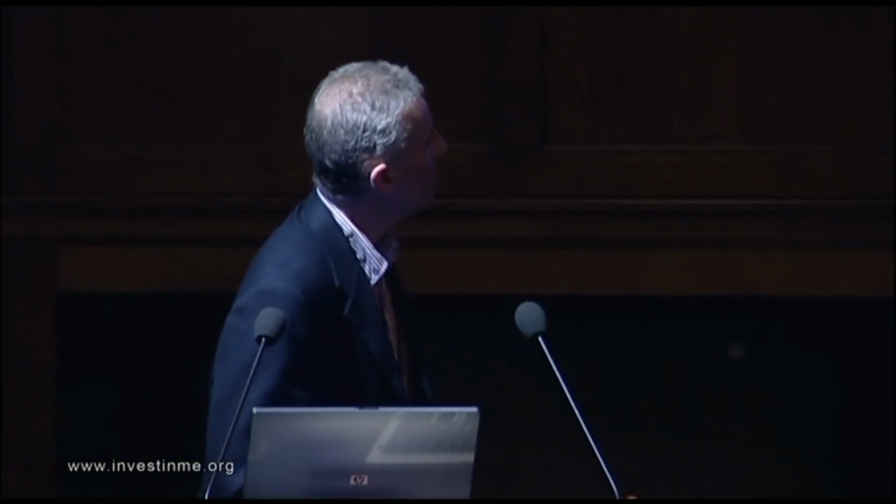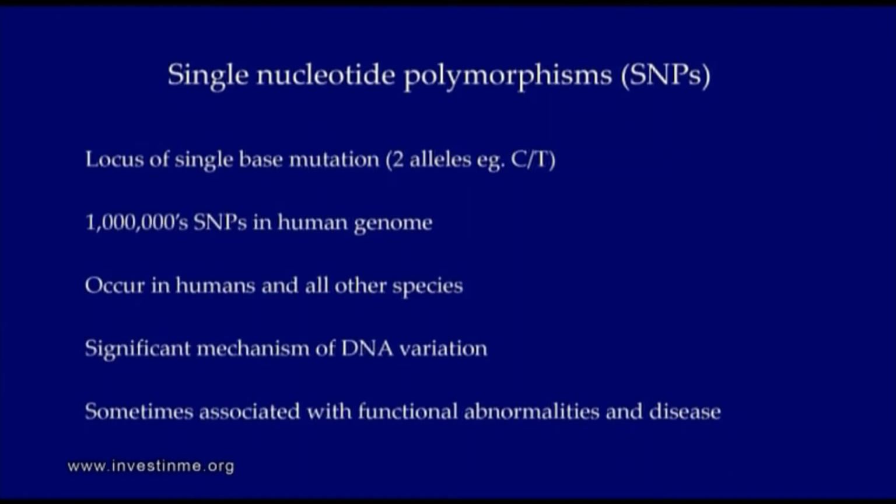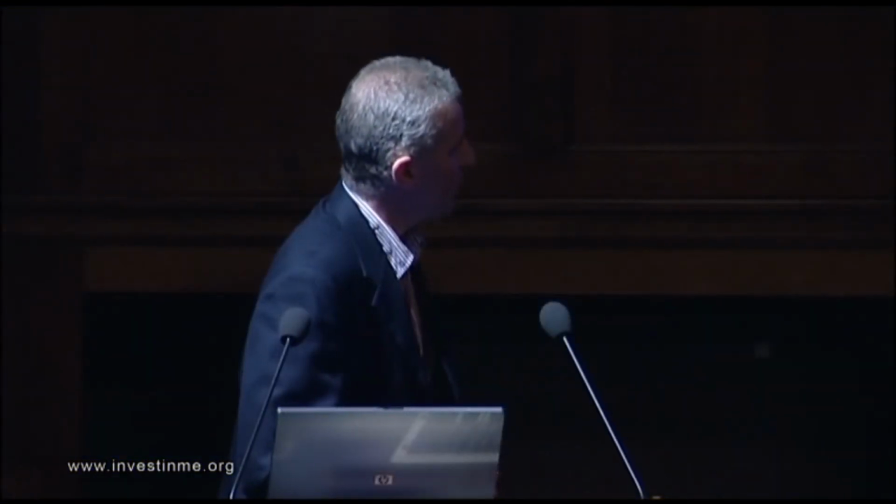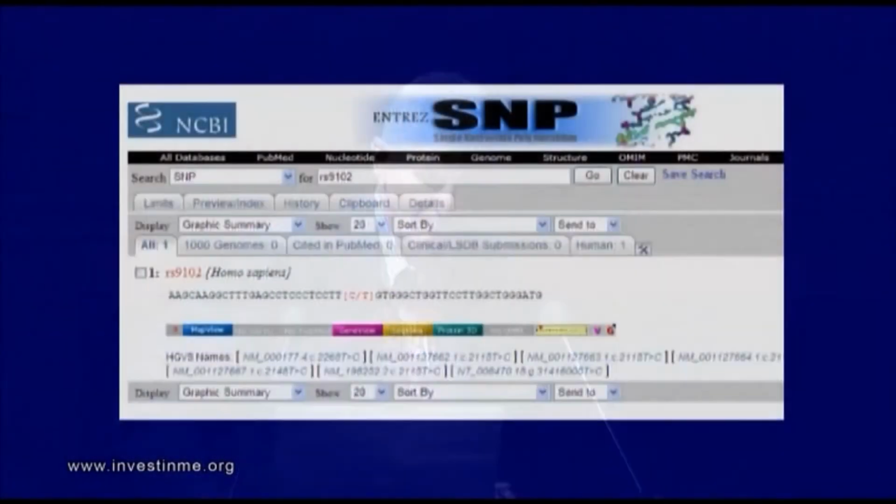And these occur in humans and all other species. And we believe this is a significant mechanism of DNA variation. And this plays roles in the inheritance patterns of different diseases, the transcription of these genes into messenger RNA and then proteins. And we get functional abnormalities that result as well that give rise to various diseases.